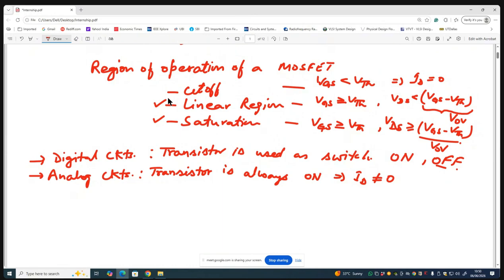ID not equal to 0 actually implies that you will never bias the transistor into cutoff region when you are designing an analog circuit. But ID is non-zero for both the linear region and the saturation region, right? Do you remember the current equation?